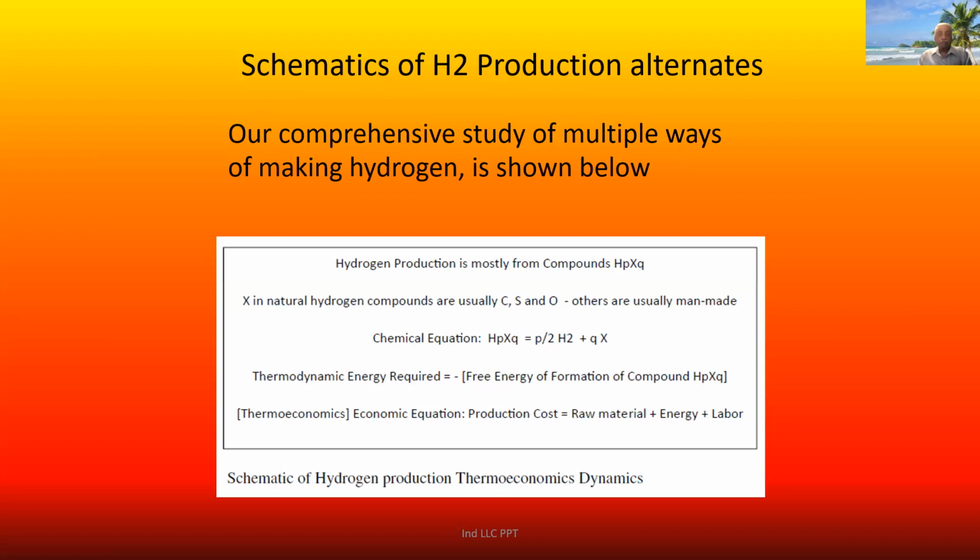The economic equation says production cost is the sum of the raw material plus energy cost and the labor cost. Now, whenever we look at any compound from which hydrogen is made, the first two are dictated by fundamentals of thermodynamics.